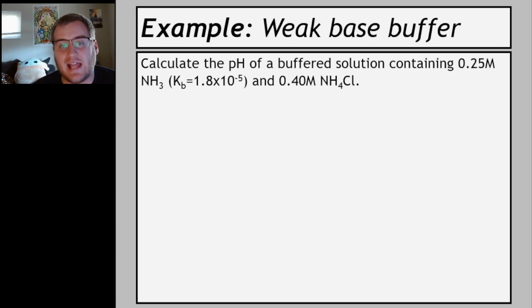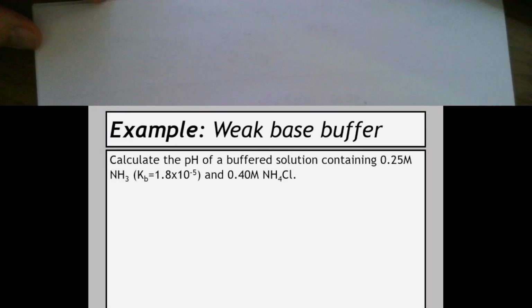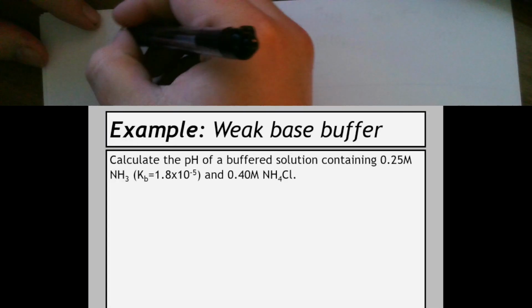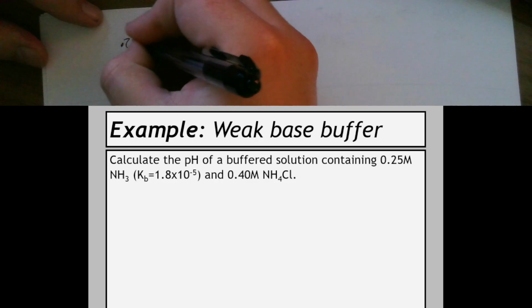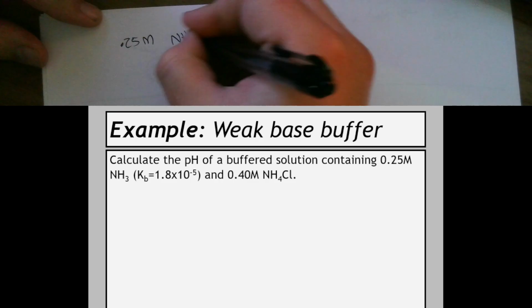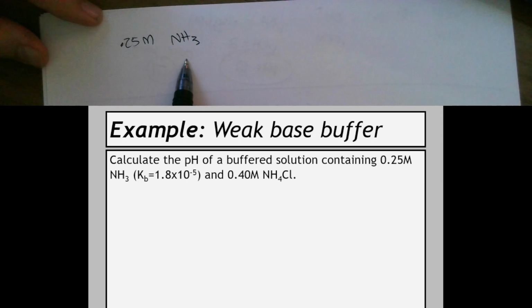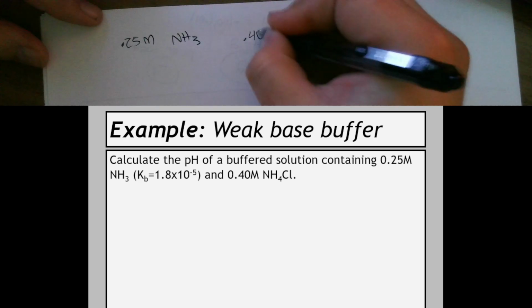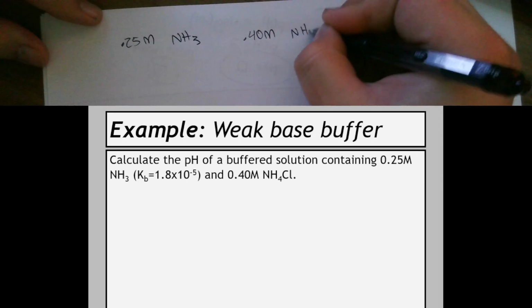Okay. All right, last, we're going to do one more example of a weak base buffer. So this buffer works pretty much the same, but there's going to be another formula we need to learn. So the pH of a buffered solution containing, this time I have 0.25 molar NH3, our favorite weak base, ammonia, and I have 0.40 molar NH4Cl.